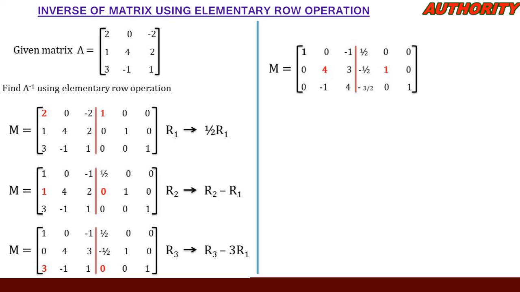Then the next one in the identity matrix now, we have 1 all over 2. So 1 all over 2 multiplied by 3 is going to give us 3 all over 2. Then this 3 all over 2 should be subtracted from row 3. And then the element in row 3 under this 1 all over 2 is 0.